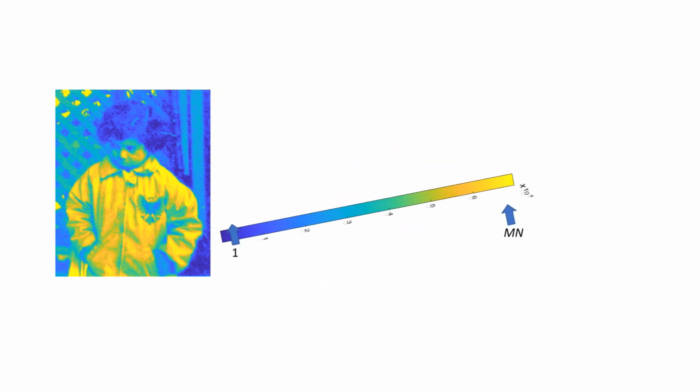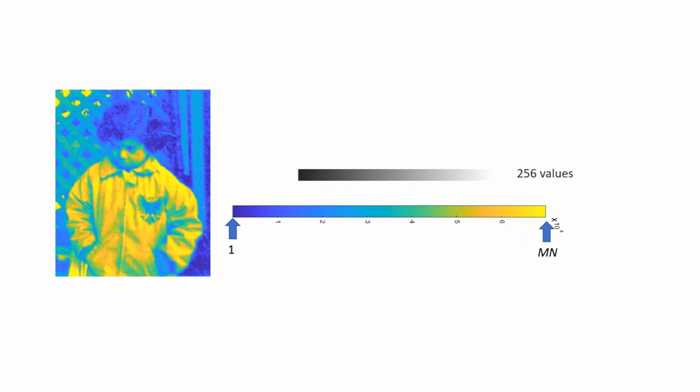Then the first block of size mn divided by 256 will be assigned gray level 0. The next block will be assigned gray level 1, consecutively until we have 256 blocks of equal size.